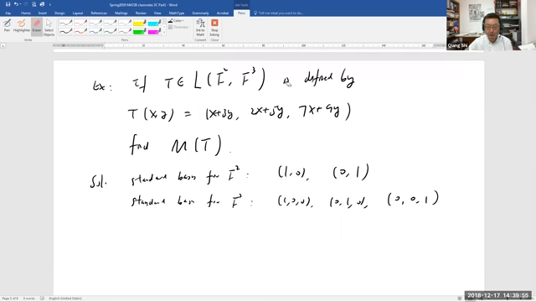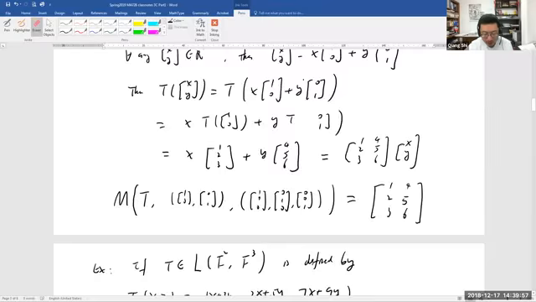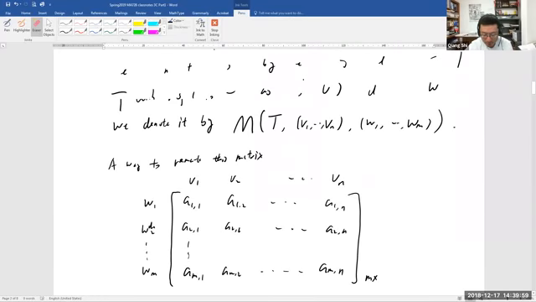Remember all those A values, those scalars, how we construct them, where they come from.